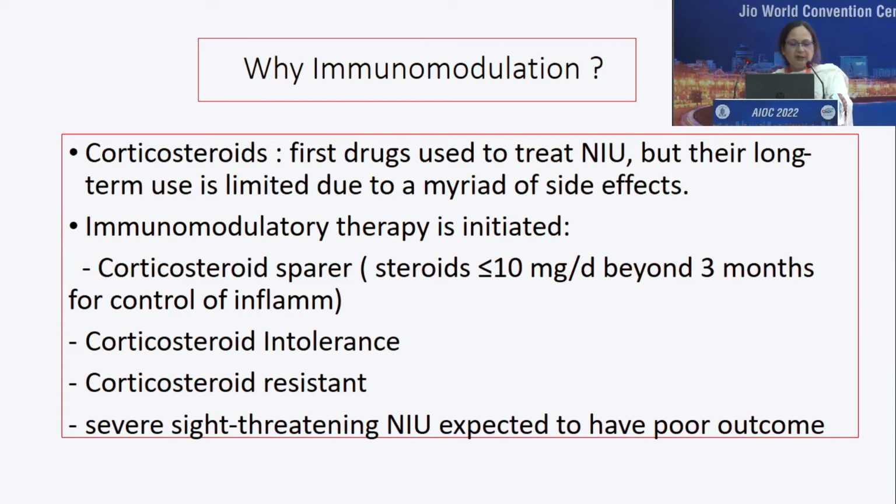So we invariably shift to immunomodulatory therapy in cases where you need more than 10 milligrams of steroid per day beyond 3 months to control the inflammation, the patient is not able to tolerate steroid, is resistant to steroid, or there is a severe sight-threatening non-infectious uveitis that is expected to have a poor outcome.